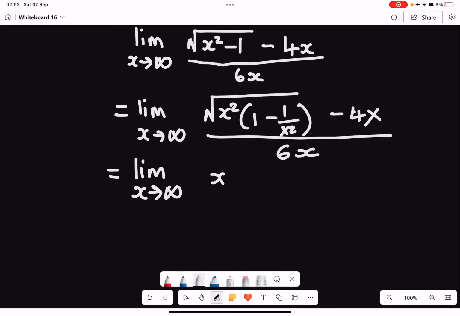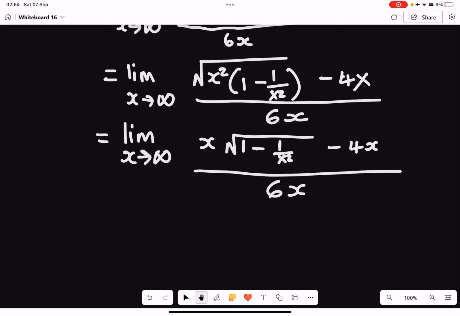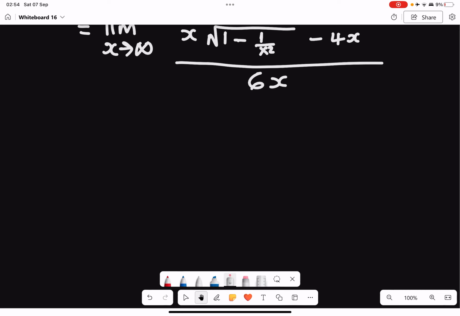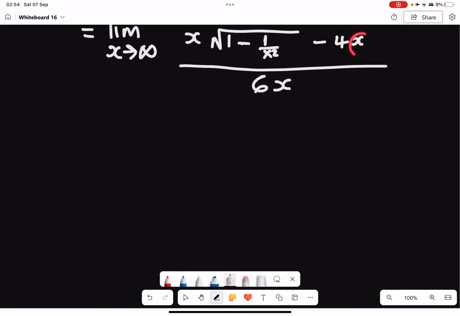So I have x, and then inside the square root I'm left with 1 minus 1 over x squared, and then I have minus 4x there, all over 6x. And then I can now do this. I can now take out a common factor of x at the top, because between my two terms there's a common x value, this one and that one there. So I'm going to take them out.